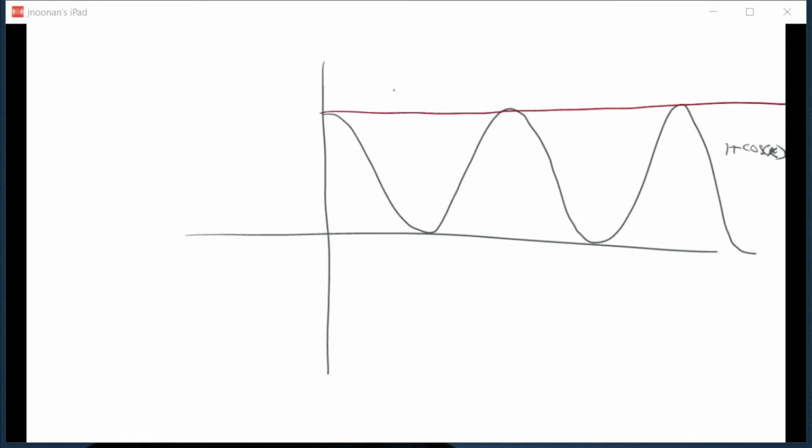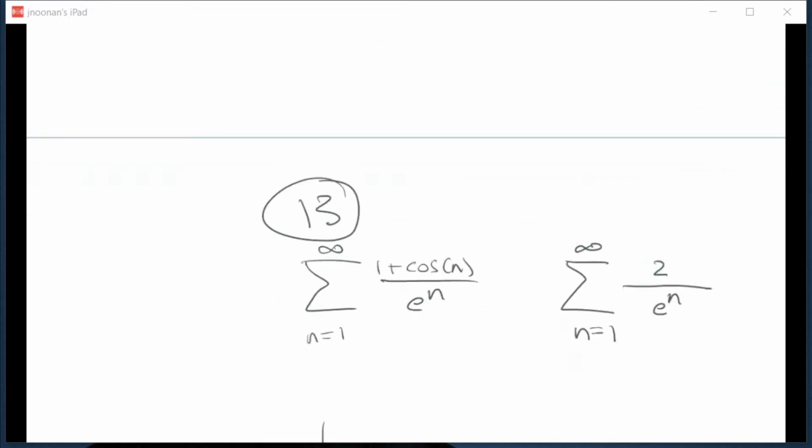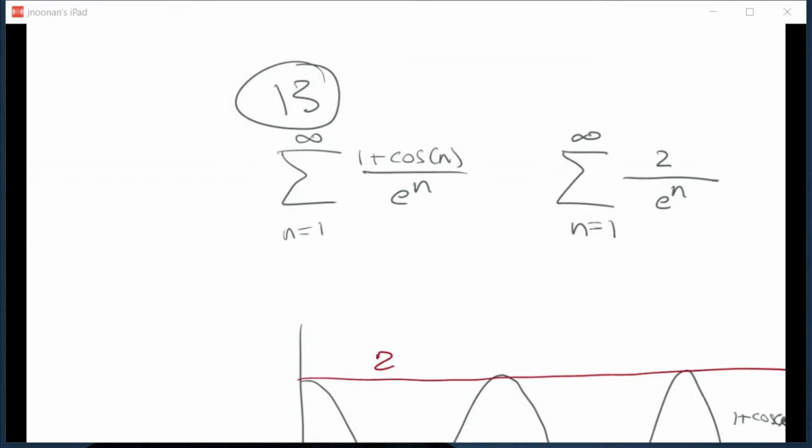If I've drawn that properly, 1 plus cosine of x is always less than 2, and it's always bigger than 0. So you're always in that zone between 0 and 2. So up here, this will be less than that.